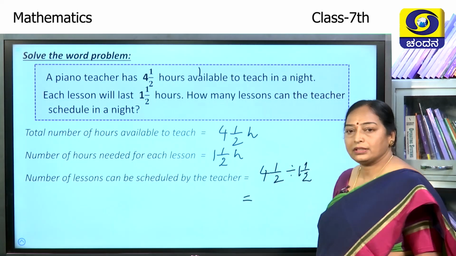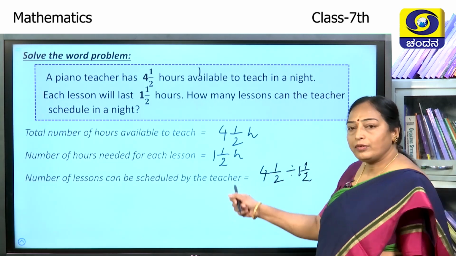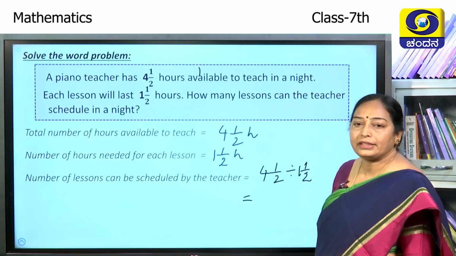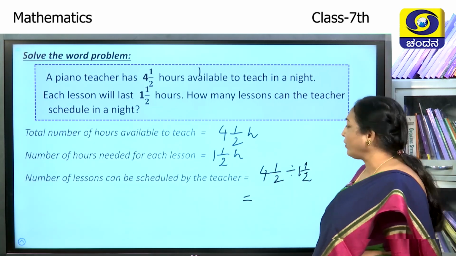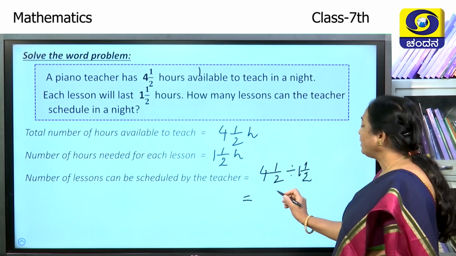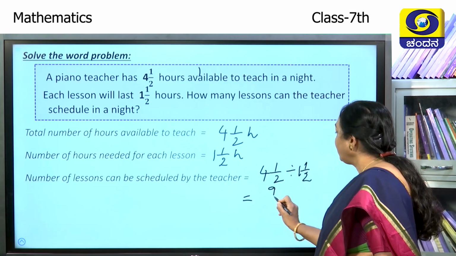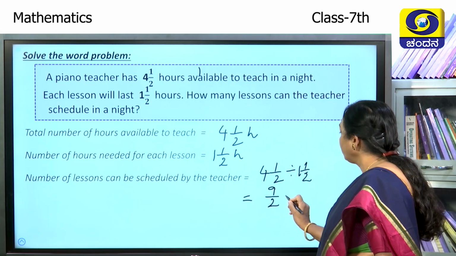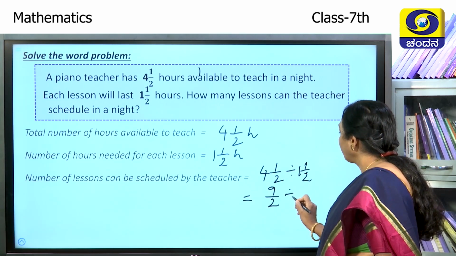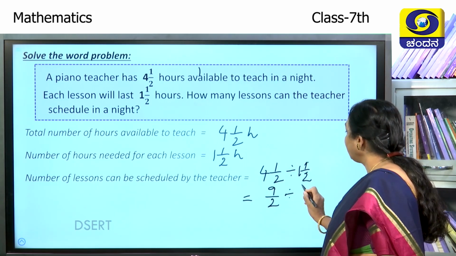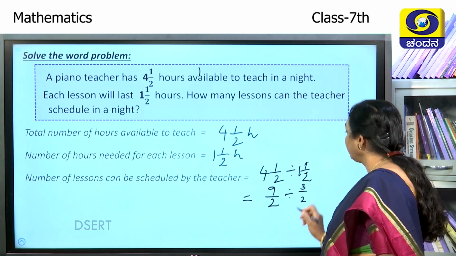How do we do this? Convert both into improper fractions. 4 2s are 8, 8 plus 1 is 9. It can be written as 9 by 2 divided by 2 1s are 2 plus 1 is 3, 3 by 2.